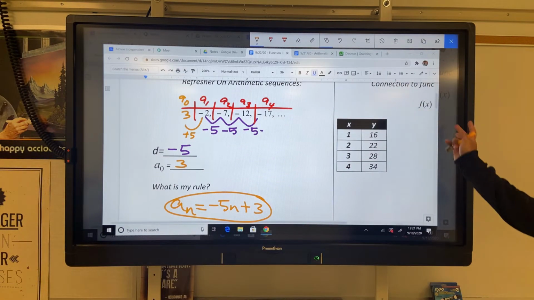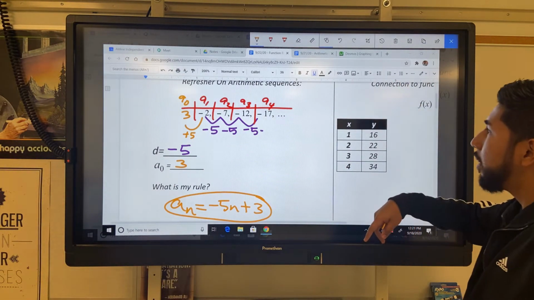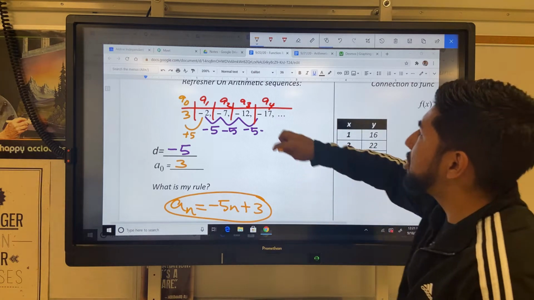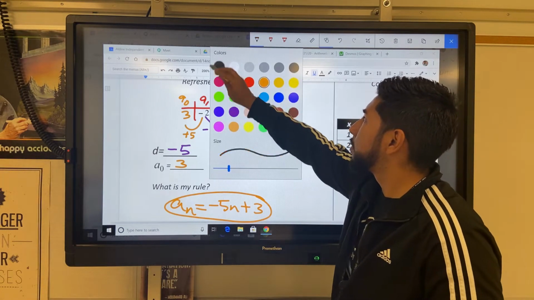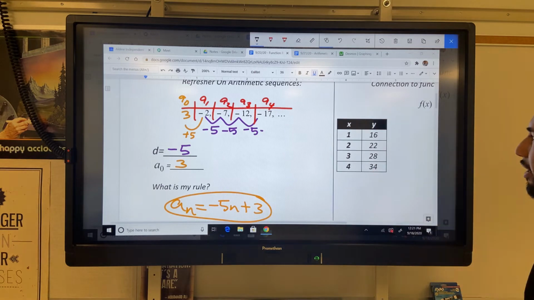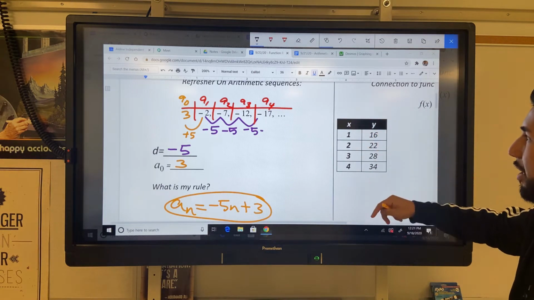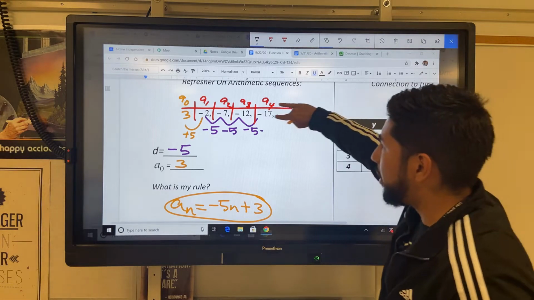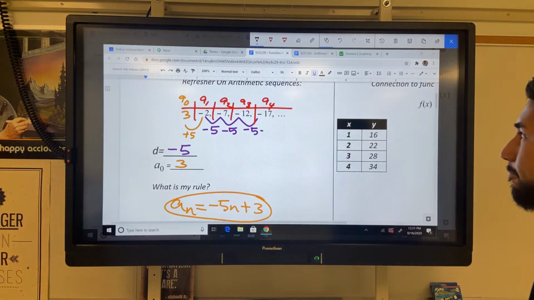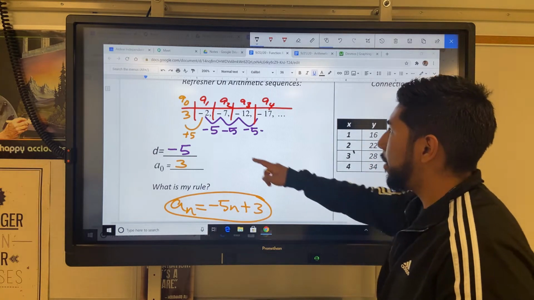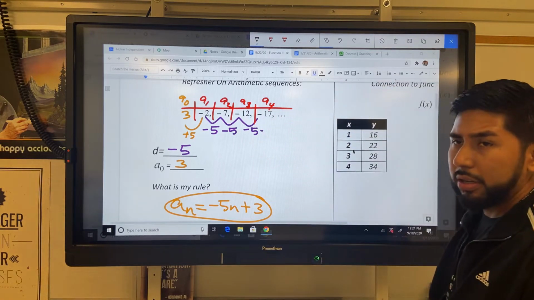Well, check it out. You need to imagine that the table's already set up for you. What similarities can I see between this table and the table we created? So I got 1, 2, 3, 4. 1, 2, 3, 4. Interesting.